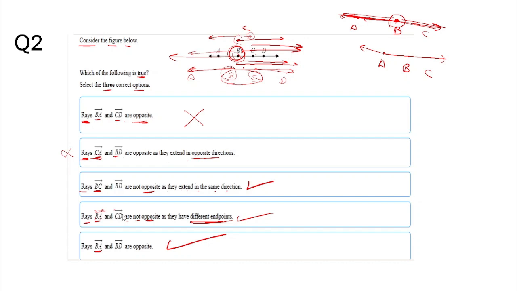Okay, so from this question, I have to figure out that if I have two rays having the same endpoint and extending in opposite directions, I would say that these rays are opposite.